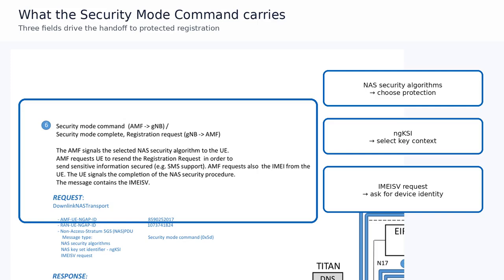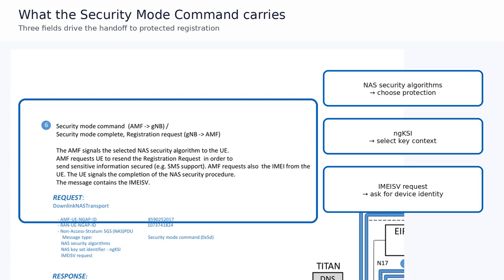Before we wrap up, let's unpack the small fields that make this page useful for protocol reading. In the request section, the security mode command is carried in downlink NAS transport. That matters because the AMF is not speaking directly to the application layer of the phone. It is talking to the NAS layer, the mobility and registration control plane that sits between the UE and the core.